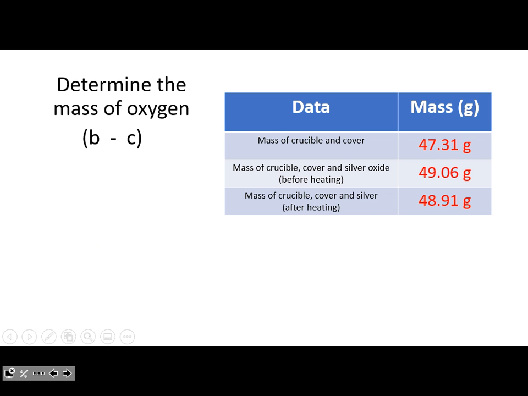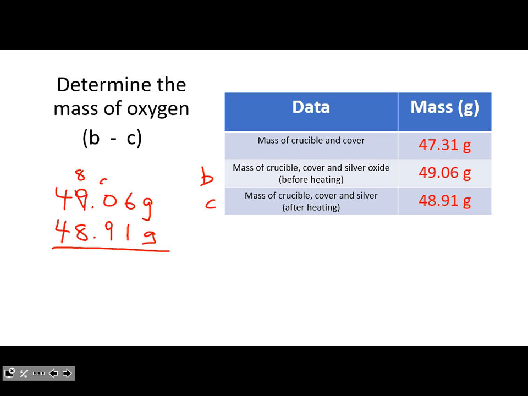Now, determine the mass of oxygen. Okay. So I am going to take B minus C. So I'm going to take 49.06 grams and subtract 48.91 grams. So I need to borrow.